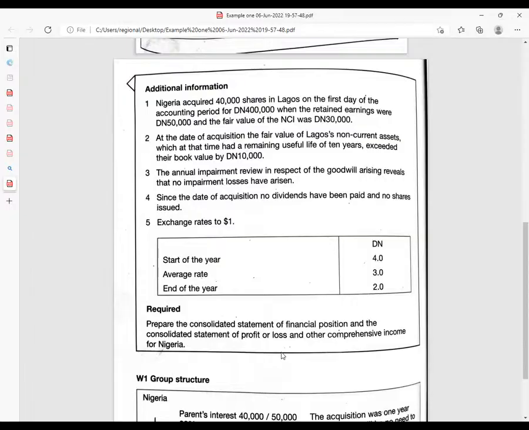So we start as usual with the group structure. So Nigeria acquired how many shares? 40,000 shares in Lagos.